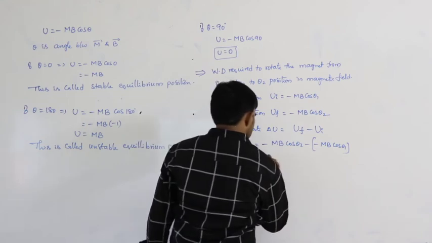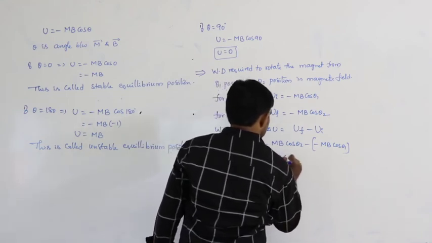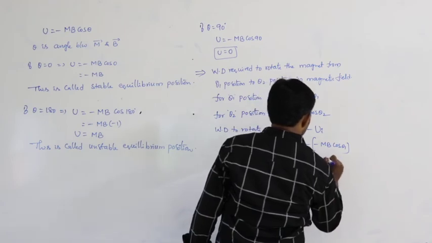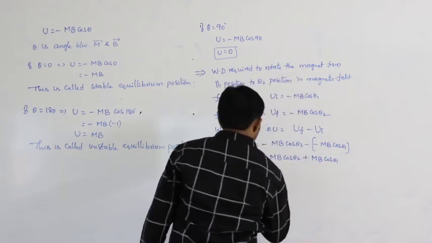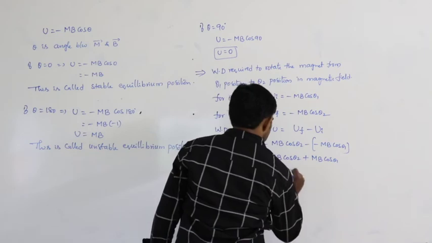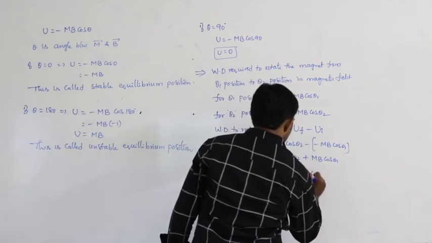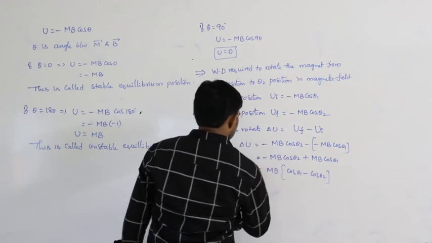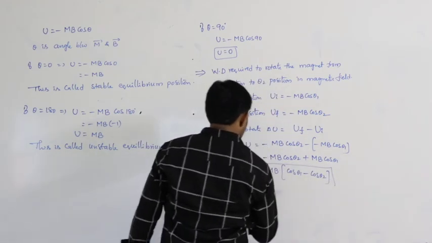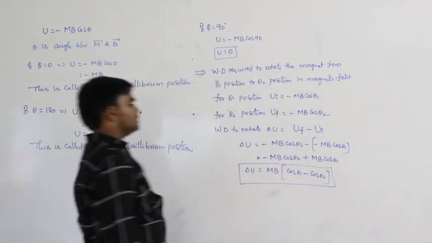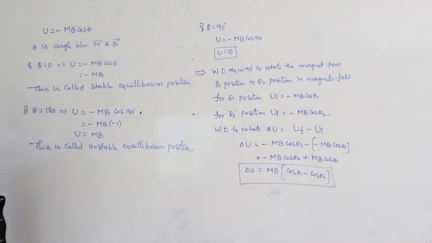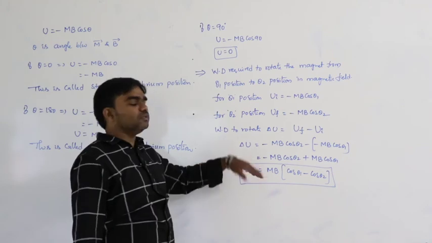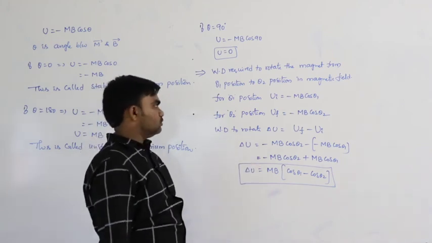So that is minus mB cos theta 2 minus of minus mB cos theta 1, which equals minus mB cos theta 2 plus mB cos theta 1. Taking mB common, delta U equals mB into (cos theta 1 minus cos theta 2). This is the amount of work done to rotate the magnet from theta 1 position to theta 2 position.